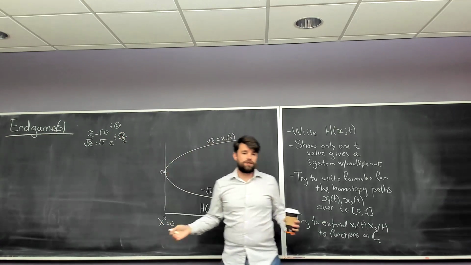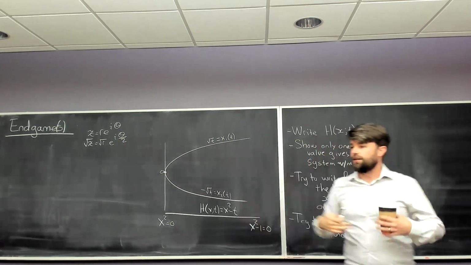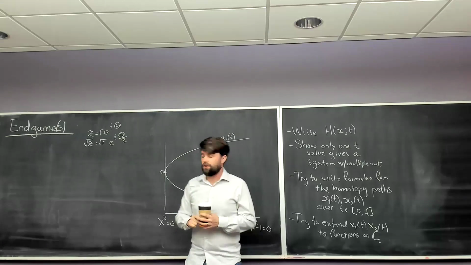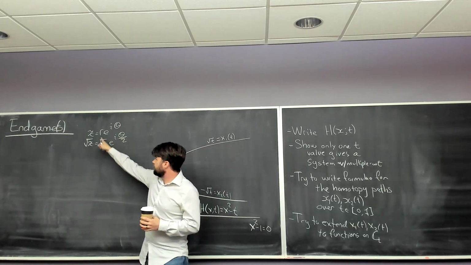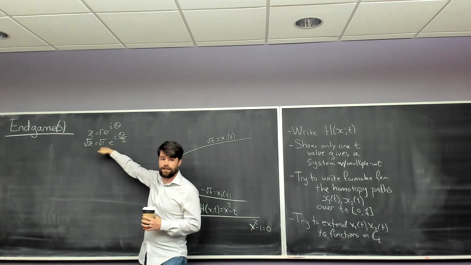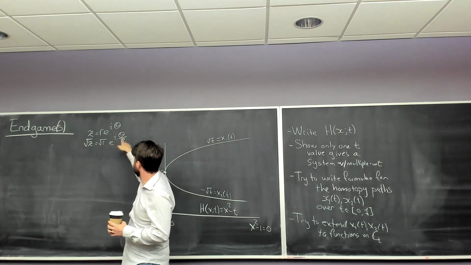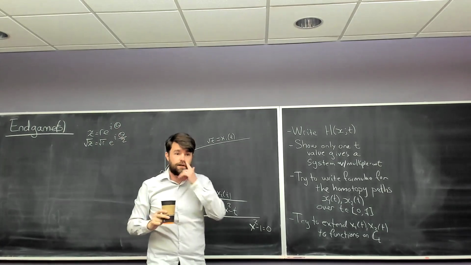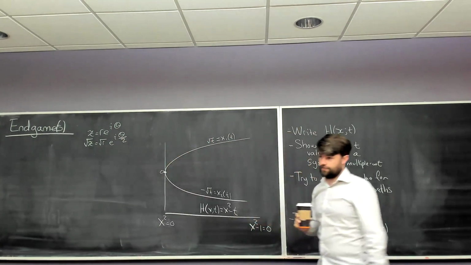Because indeed, when I multiply two complex numbers, the moduli multiply and the angles add. So root r times root r is r. Again, this is non-negative, so this makes sense as a function over non-negative reals. And then I'll just add theta over 2 to theta over 2 and get theta. Boom, I think I've done it.